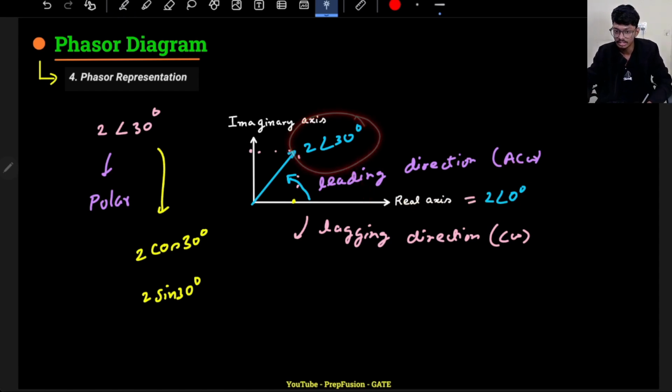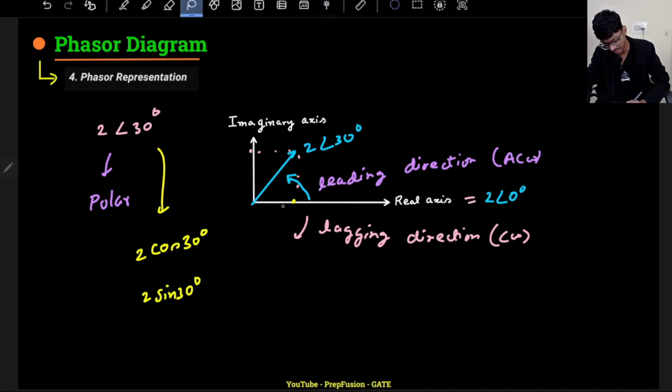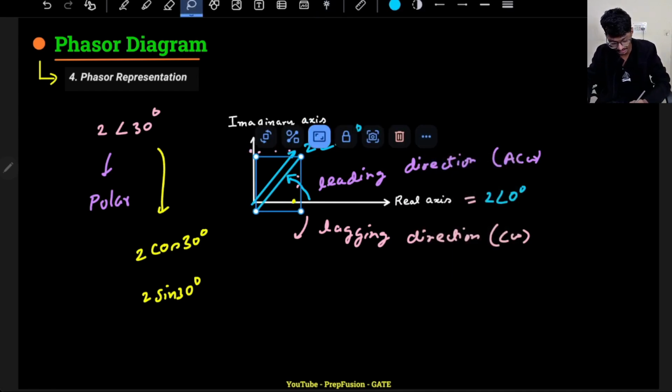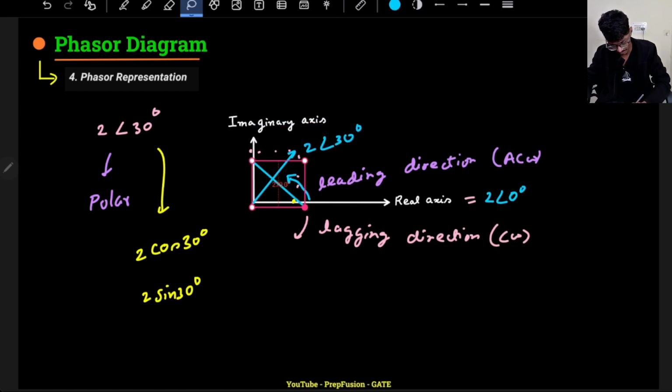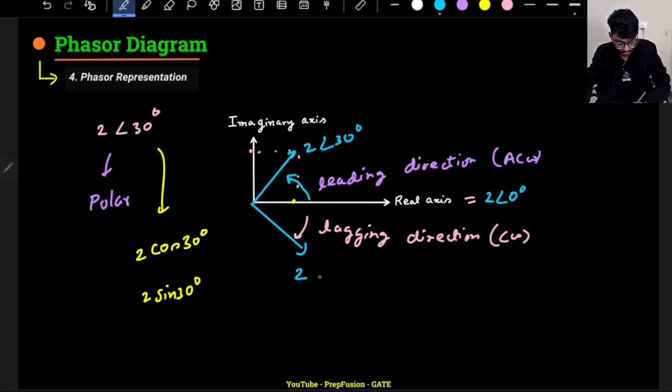That's why my phasor became 2 angle 30. Now if I want to represent the same in the lagging direction, that means I have subtracted 30 degrees from my initial phase, so it is in the lagging direction. What will the phasor representation be? It will be 2 angle minus 30.